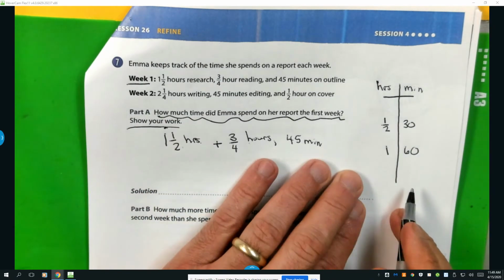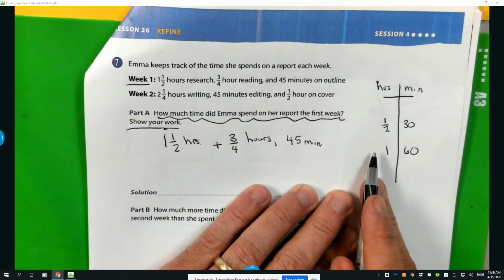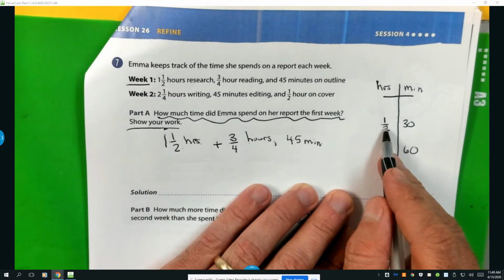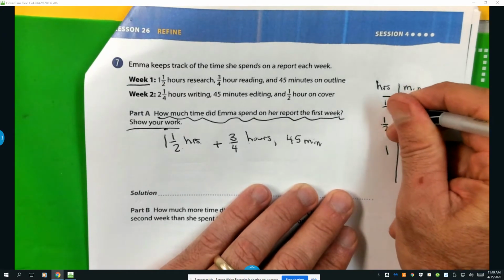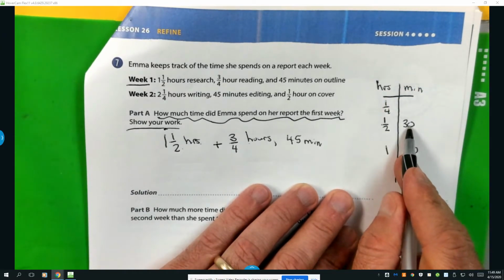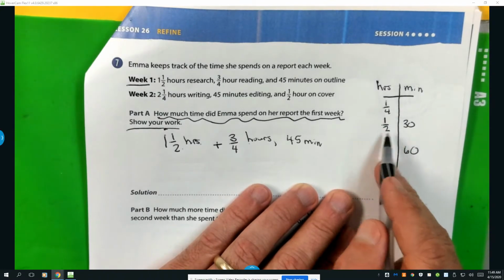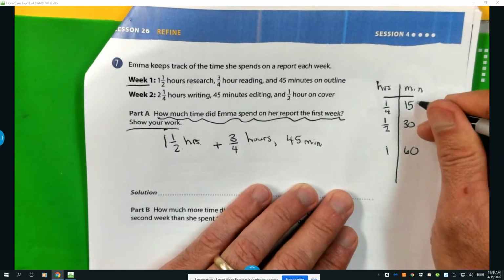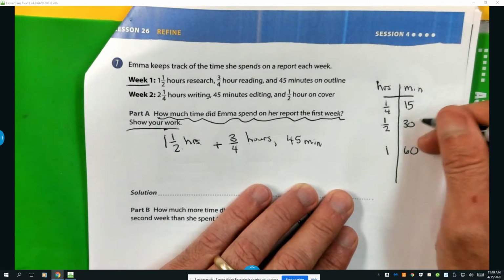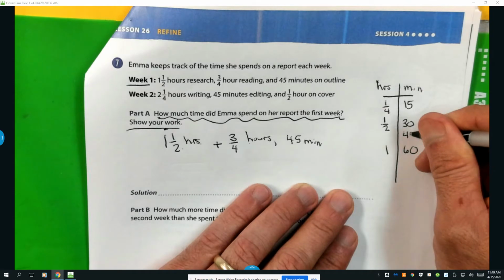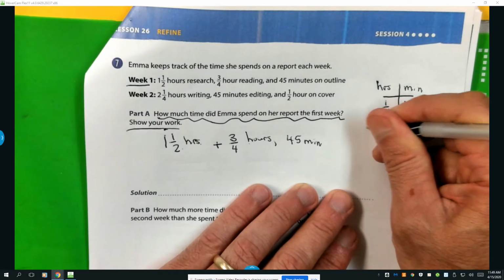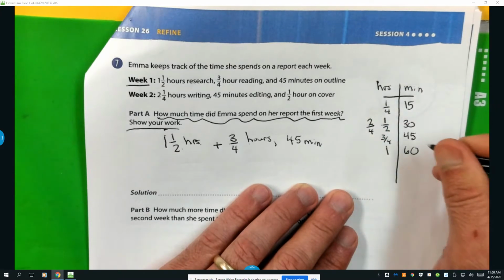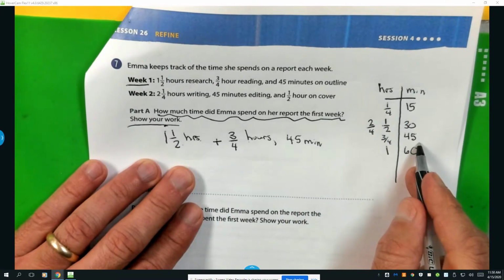And because I did this earlier on an earlier page, I'm going to just cut this down. I'm going to decompose half into quarters. So 1/4 of that is just going to be half, because 2/4 is a half. So half of a half is going to be 15. So I can just now keep adding 15 minutes. 15, 30, 45. And now remember, 1/2 is the same as 2/4. So 3/4 of an hour would be 45. Okay.